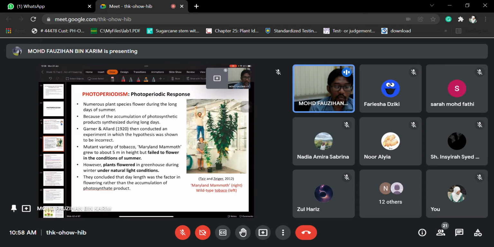There was one of the old experiments conducted in 1920. All right. Before that, numerous plant species flower during the long days of summer. Summer is logical, we see plants flowering, it's logical. Alright. The first thought probably was due to the accumulation of photosynthetic products, or carbohydrate, synthesized during the long day.